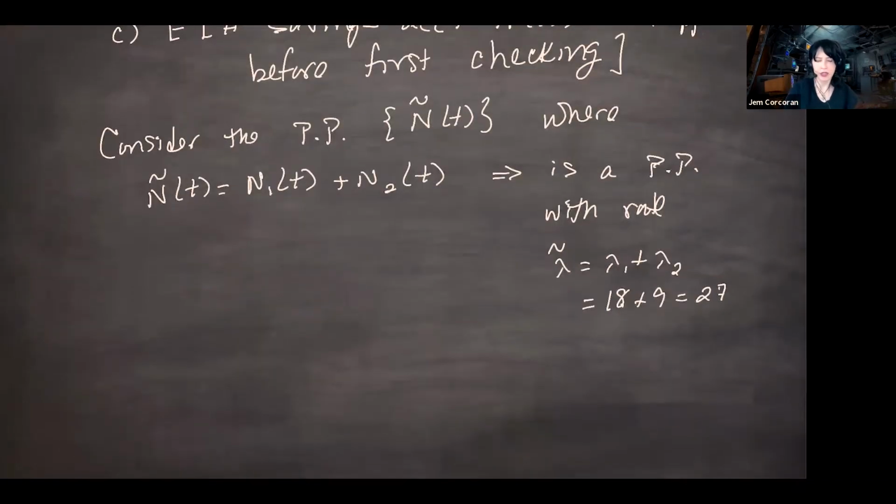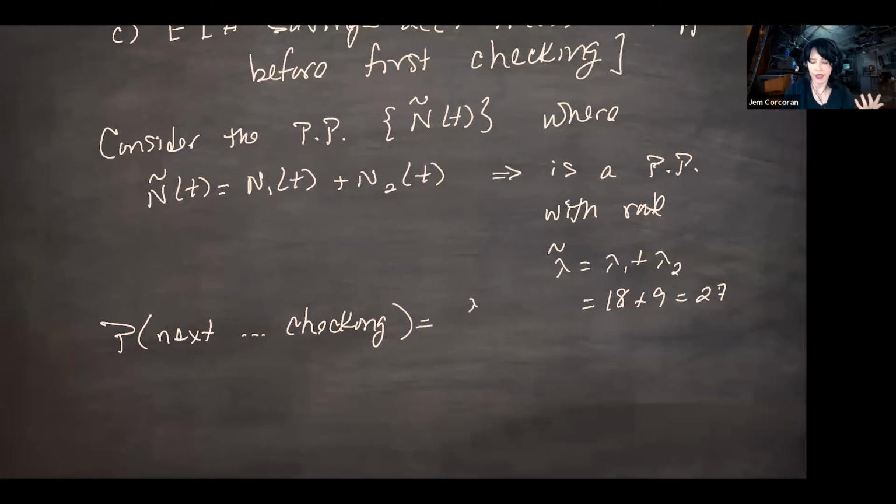One way you can do this, I'm not actually going to write this because it's taking too long already. So method 1 would be to say, you remember from the bug problems, what is the probability the next event is a checking account transaction? It is the rate of checking versus the overall rate, which in this case is lambda 1 plus lambda 2, because we've ignored the mortgages.